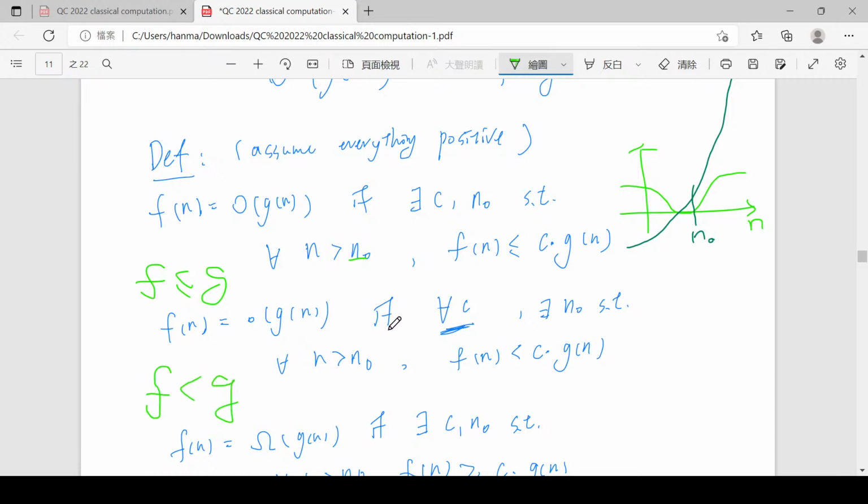Okay, I should finish this by saying this. So for small o, there is n naught such that for n bigger than n naught, f of n is less than c times g of n. So this c can be 1. So for c equal to 1, 2, 3, 100, 1000, you need to find the n such that this is true.